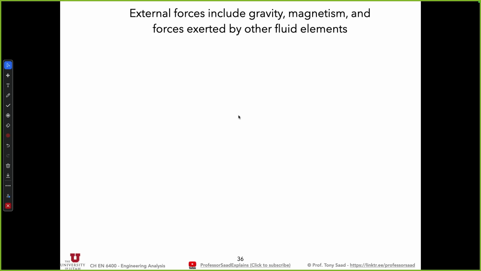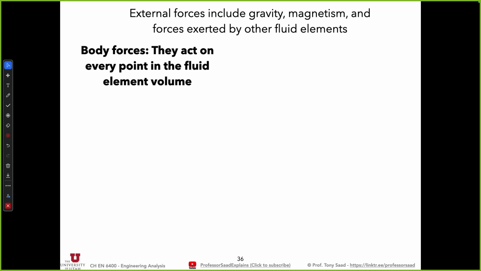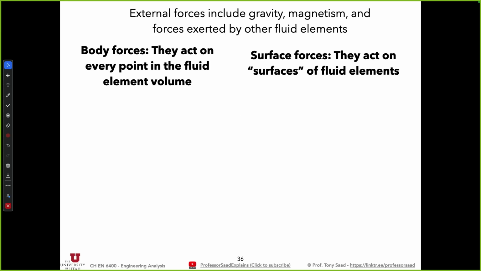It's pulling on all of those fluid elements all together. There are two types of external forces that act on fluid elements or control volumes, because it doesn't matter, because external forces are external, they're the same for fluid elements or control volumes. They look the same. There are body forces that act on the entirety of the fluid element or the entirety of the control volume. Gravity, for example, is a body force.